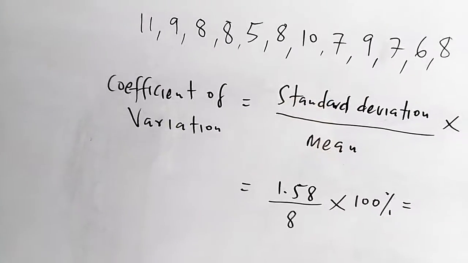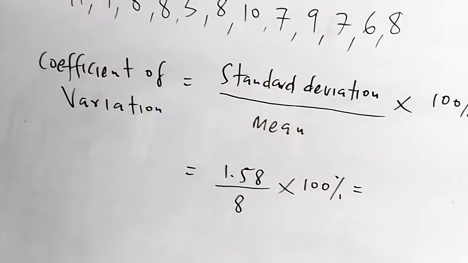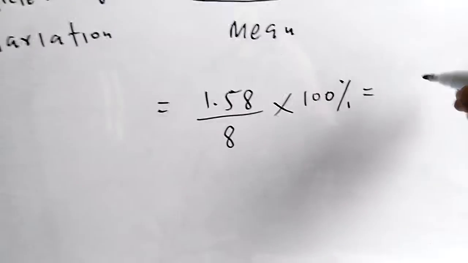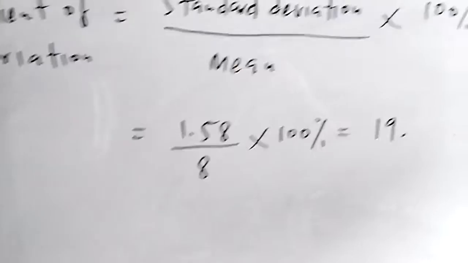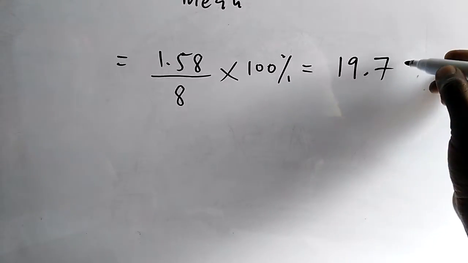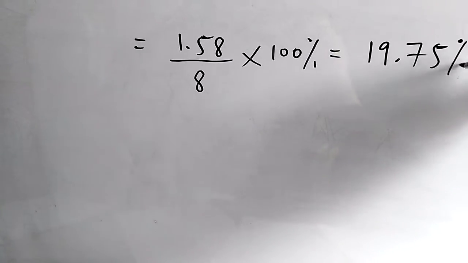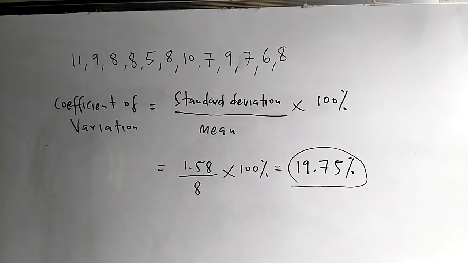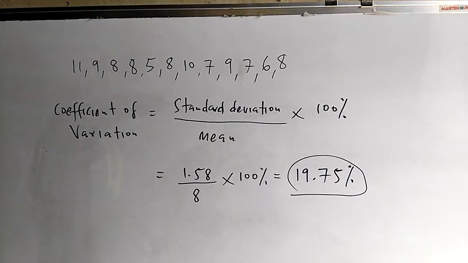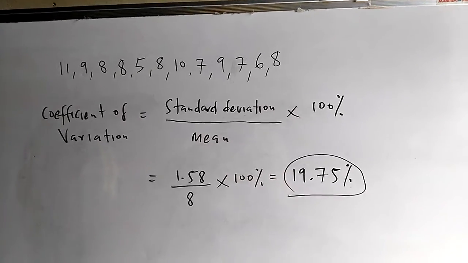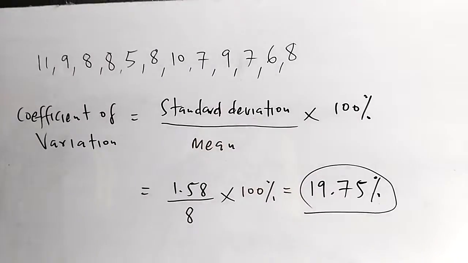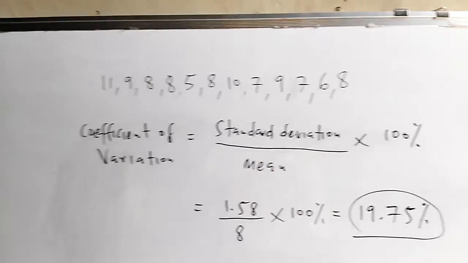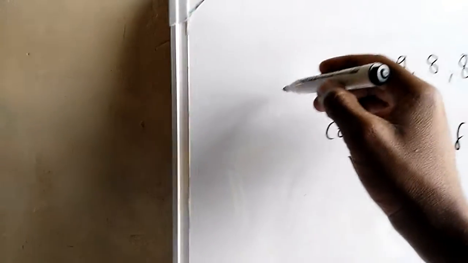Roughly, that should give you how much? 19.75 percent. That becomes the coefficient of variation. Standard deviation divided by the mean times 100. Okay. This was number 2.